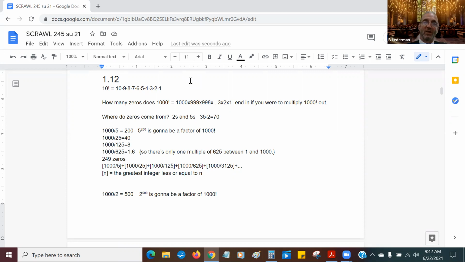Well, how many 5s are there? Let's just start with 5s. If I look at all the numbers from 1 to 1,000, how many 5s are there? Well, every fifth number is a multiple of 5, so 1,000 divided by 5 is 200.